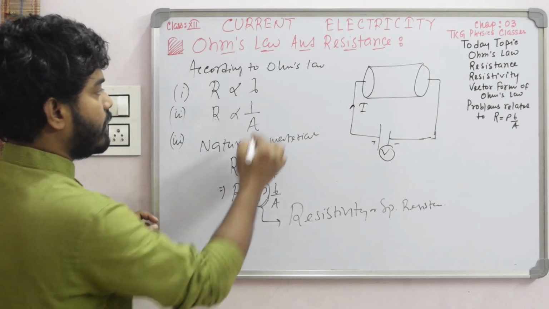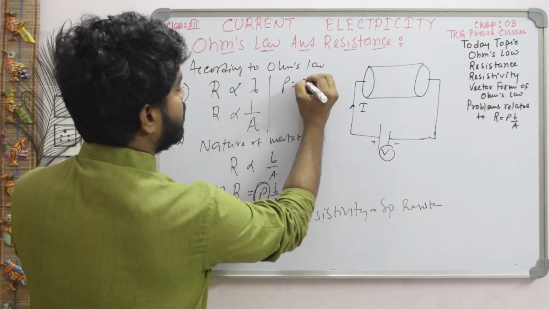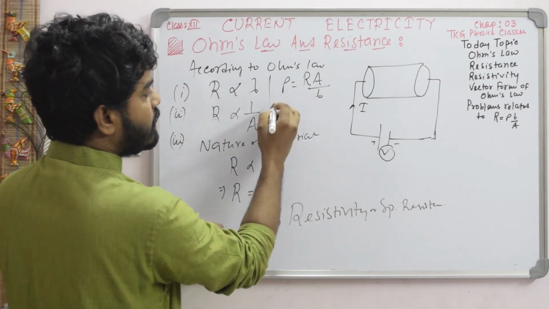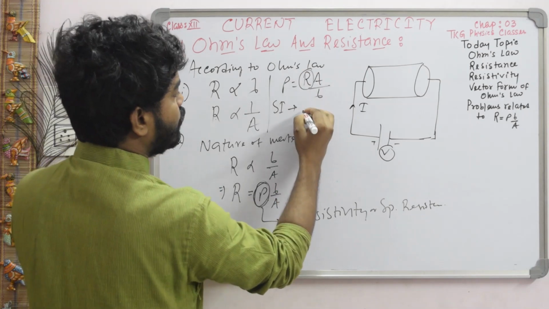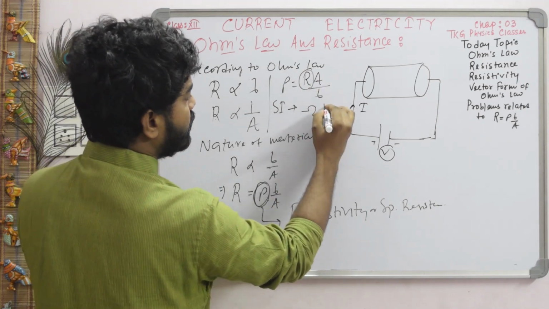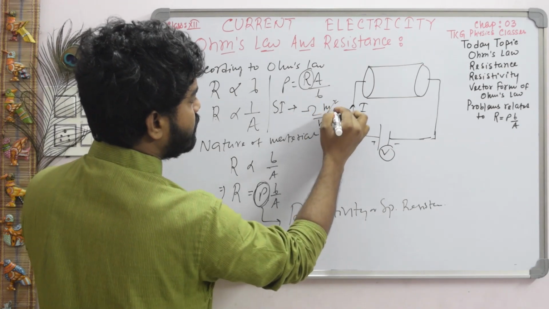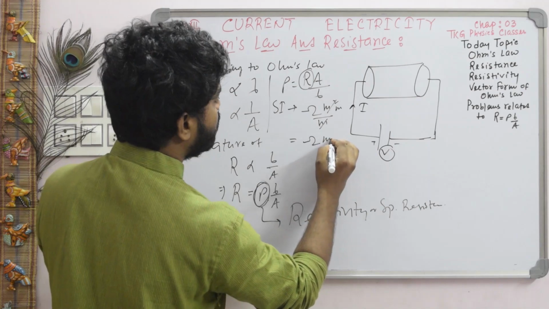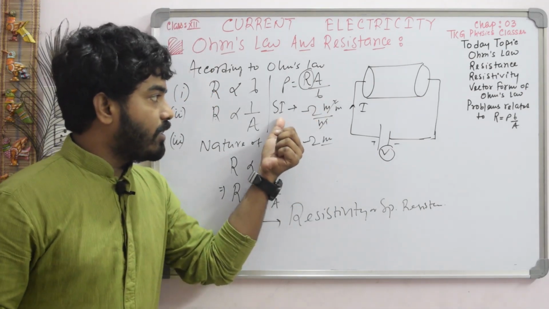From here you can say rho is equal to RA by L. So what is the SI unit? The unit of R is ohm, the unit of area is meter square, divided by length, that is meter. One meter cancels out, so this unit becomes ohm meter. So this is the SI unit of resistivity.